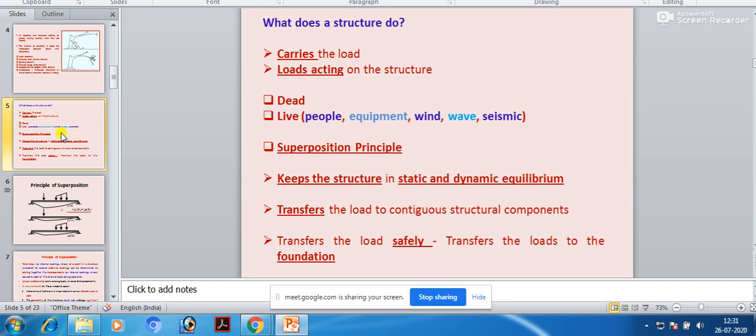Just for example, suppose you have taken a simply supported beam. It will have some dead load. If with this dead load you calculate some deformation, that deformation will give you some value. And when that simply supported beam is again subjected to some kind of live load, or some people are dancing on that beam, or some equipment you are placing on that beam, then there will be more deformation coming.